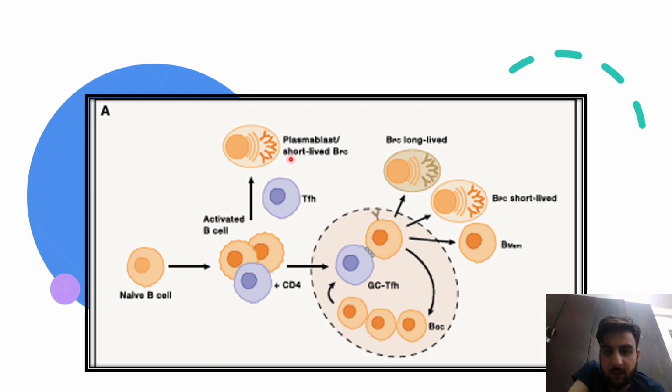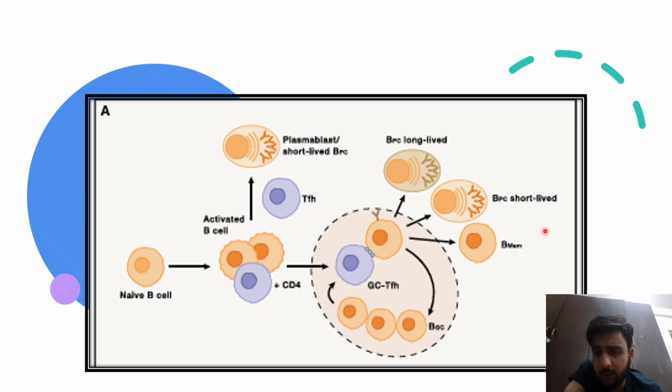And there will be these plasmablast cells, which will be short-lived. And from here, inside the germinal center, while the clonal expansion happens, affinity maturation takes place. So there we will have some cells that will be long-lived plasma B cells, called the long-lived memory B cells, and some cells that are short-lived memory B cells. So they will shortly respond to the antigen exposure.